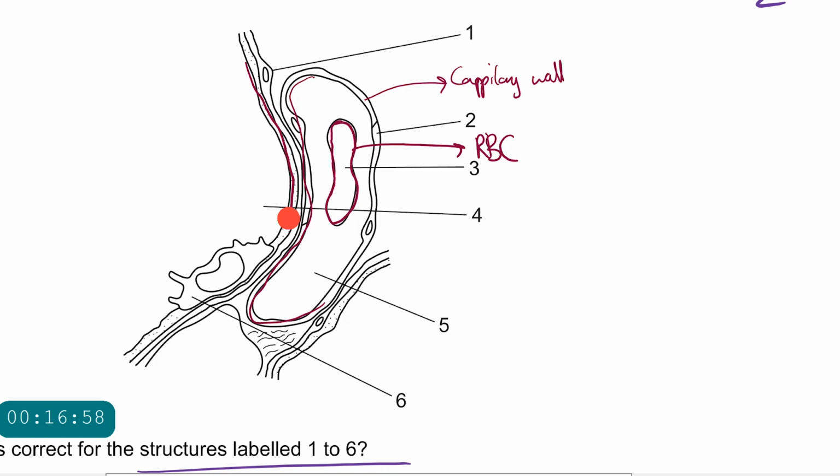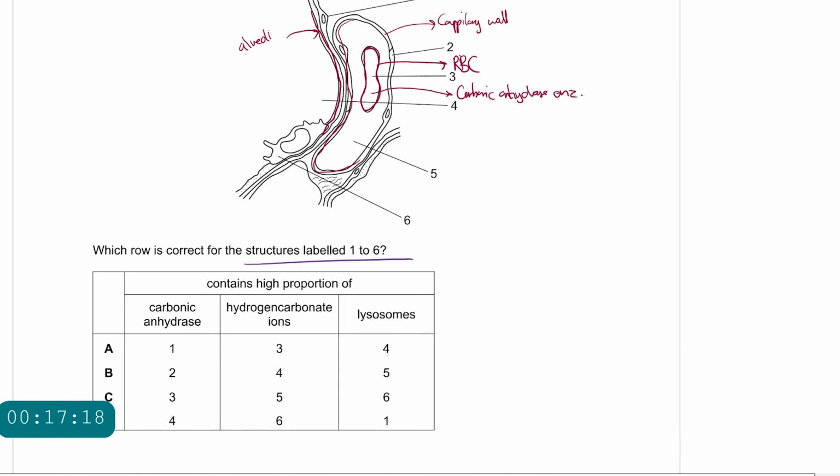And this is the alveoli. Inside the red blood cell is going to be the carbonic anhydrase enzyme. Let's see the choices we have here.